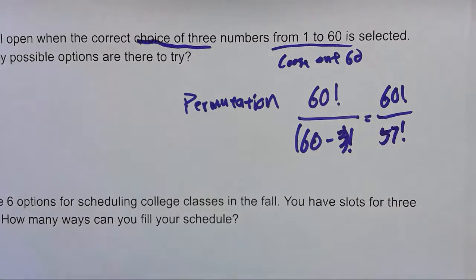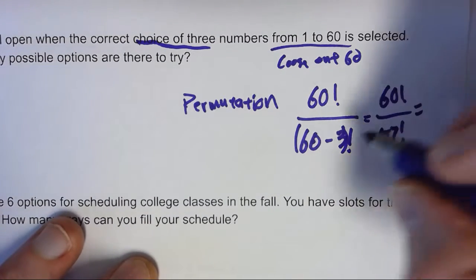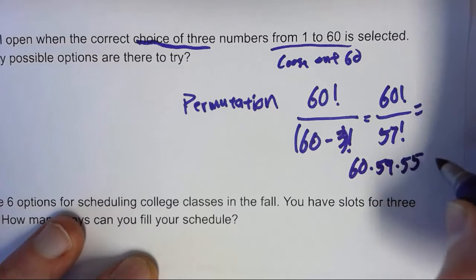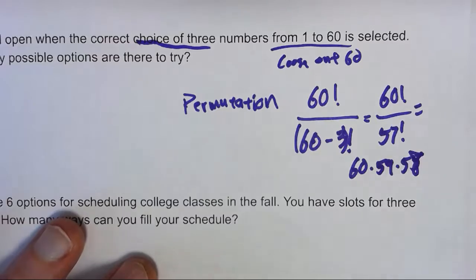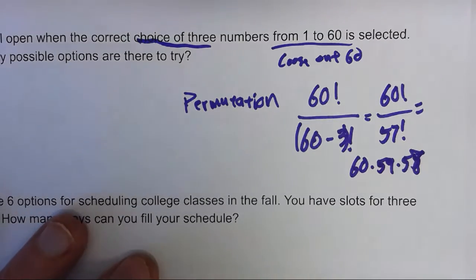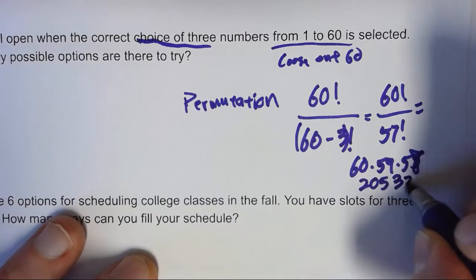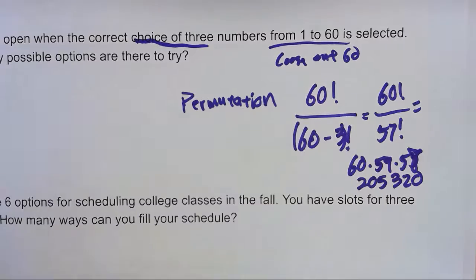If we cancel things away, what we're left with is 60 times 59 times 58, and that is equal to 205,320. And so there's our answer for number 1.